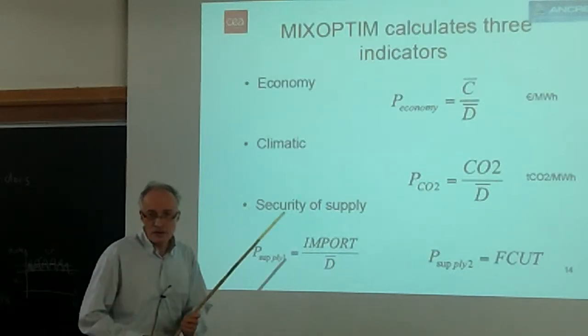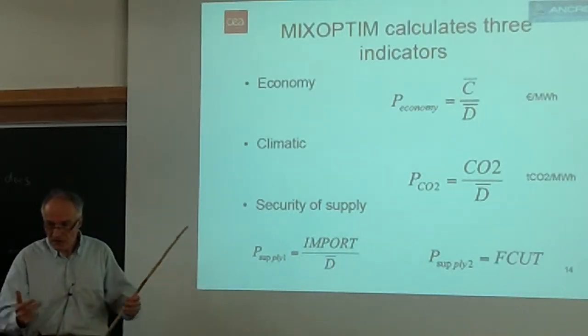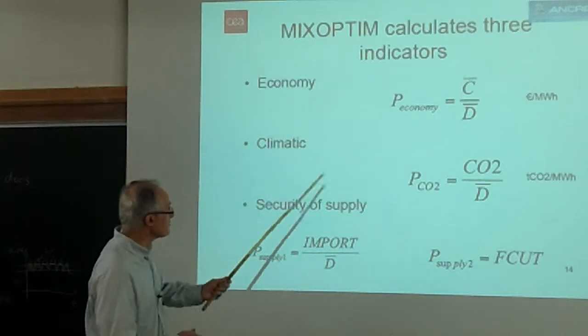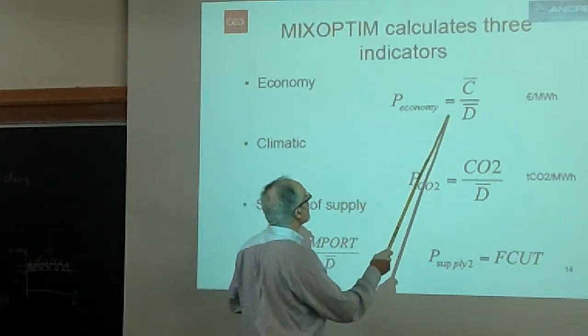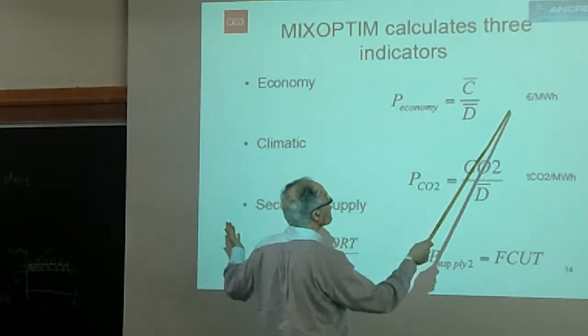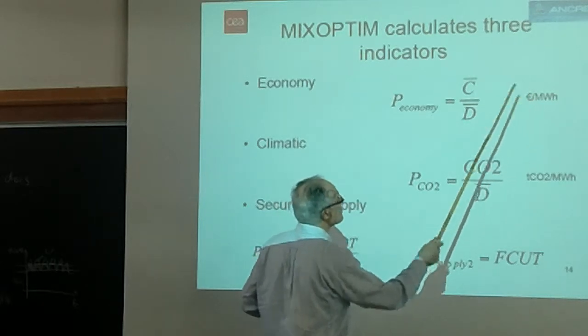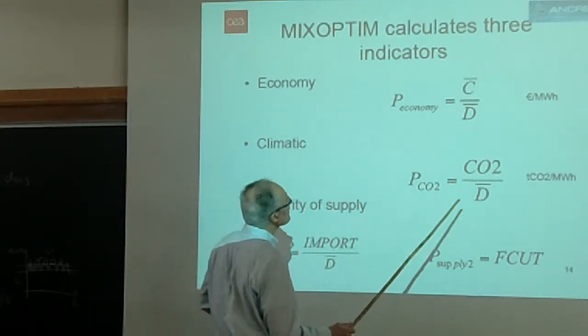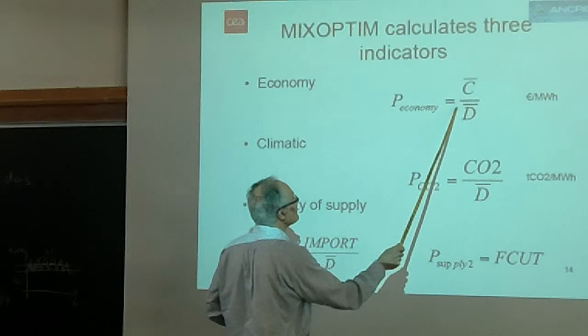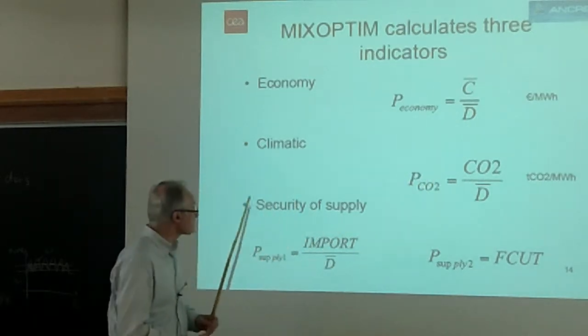In fact, mix-up team calculates 3 indicators: an economical one, which is the average value of the cost of satisfaction of the demand expressed in euro per megawatt hour, which is the average cost divided by the average demand.